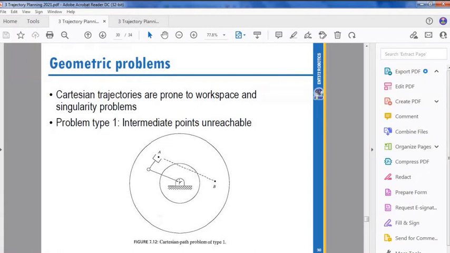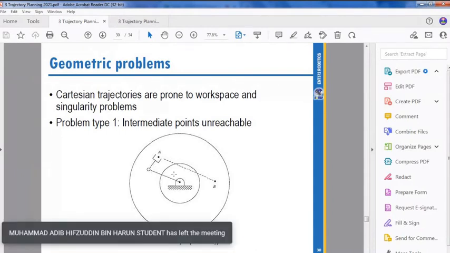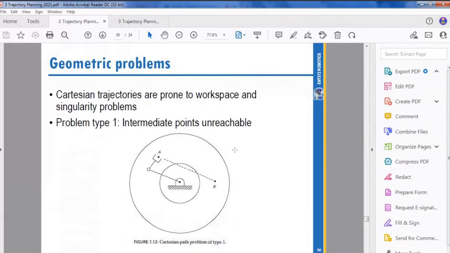So you need to ensure that your robotic arm is located or manipulates inside this working envelope.